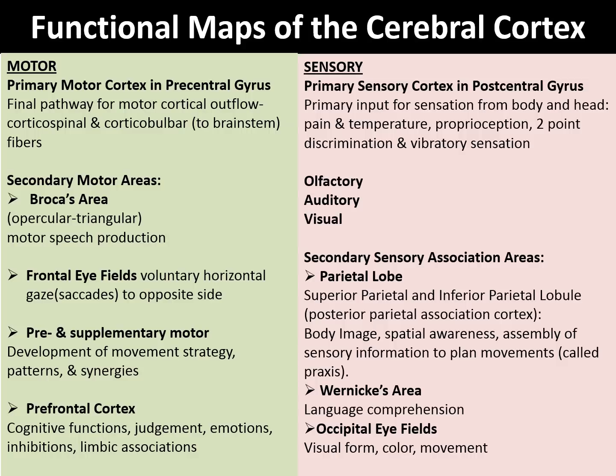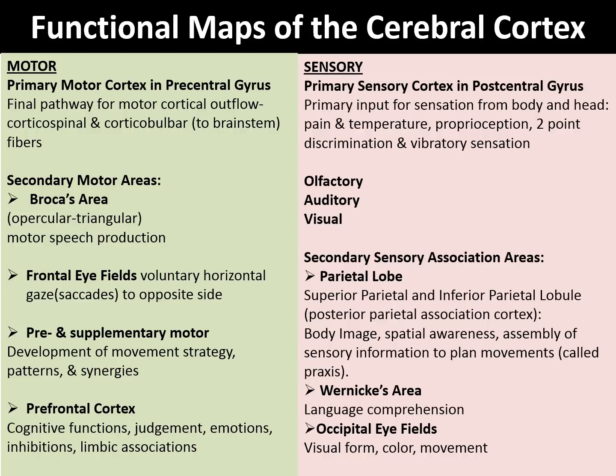The corticobulbar fibers are those that go to cranial nerve nuclei in the brainstem. Secondary motor areas such as Broca's area are involved in motor speech, and frontal eye fields are involved in moving the eyes to the opposite direction from the hemisphere they're located in. Pre and supplementary motor areas are involved in movement strategy and planning. And then prefrontal cortex is involved in what we sometimes refer to as higher functions: cognitive functions, judgment, emotions, inhibitions, and some limbic associations.